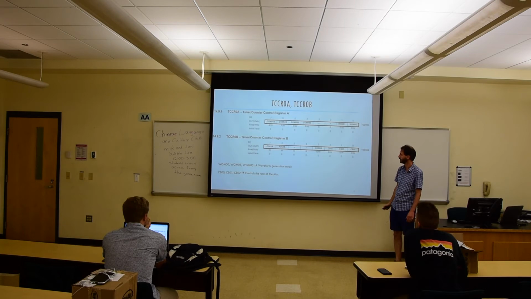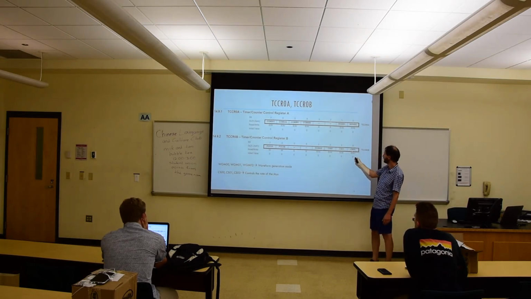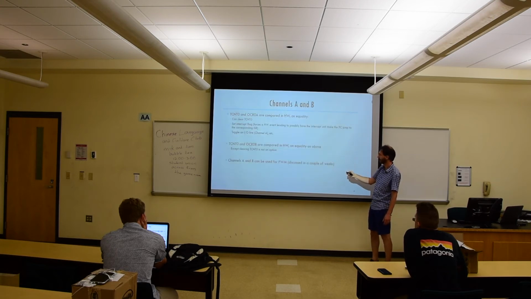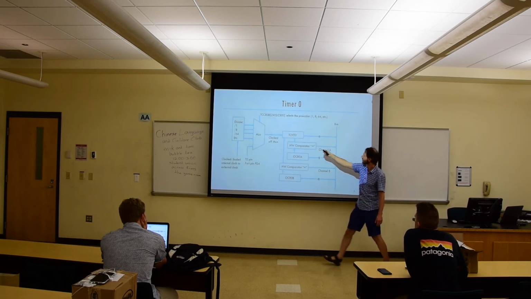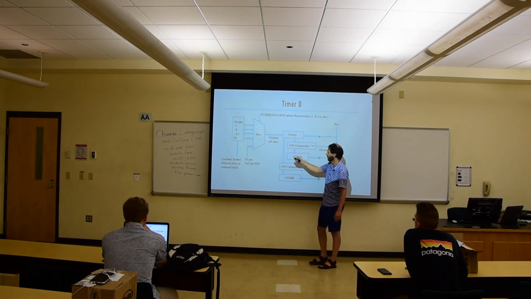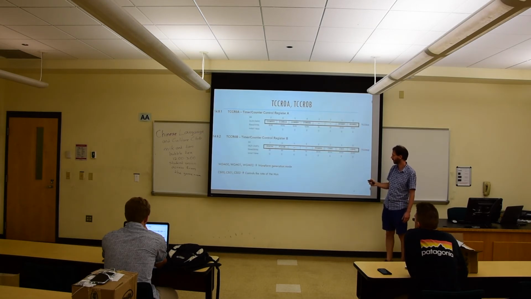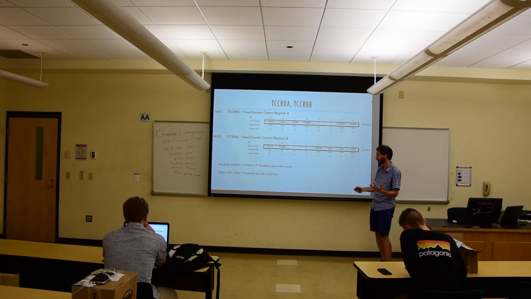That's the next slide. And at the same time, I have my CS00, CS01, and CS02. If we look back at the previous slide, those are the positions in this register that set the mux. So those can be used to set what kind of prescaler you're going to use. That's what it is called.